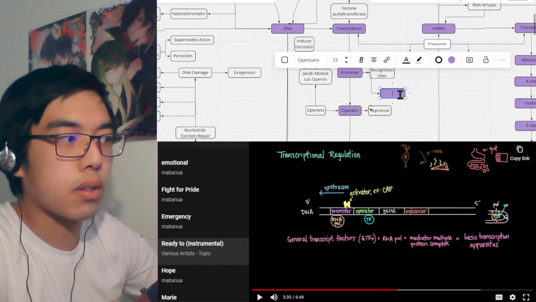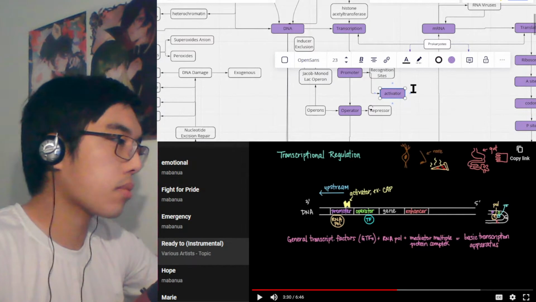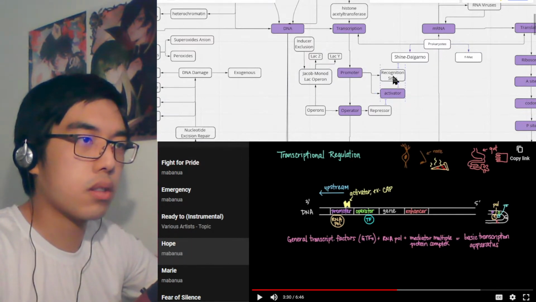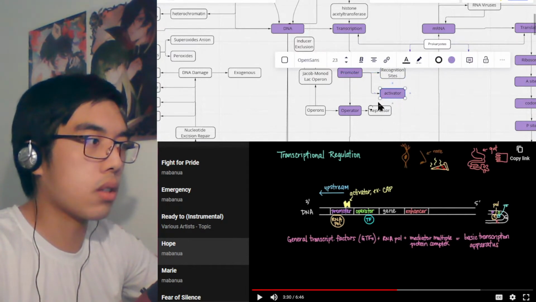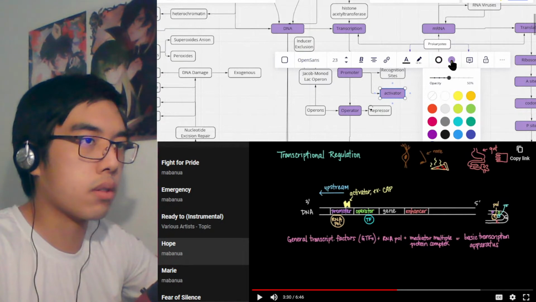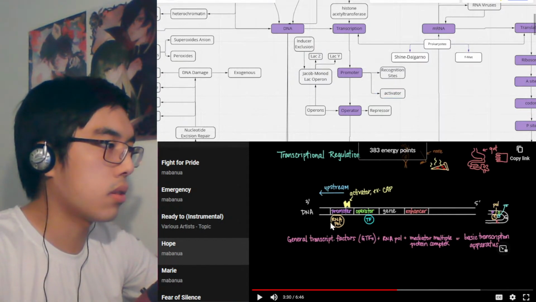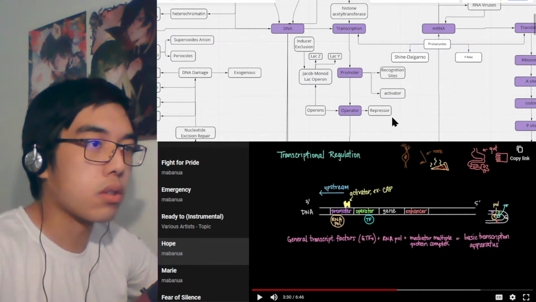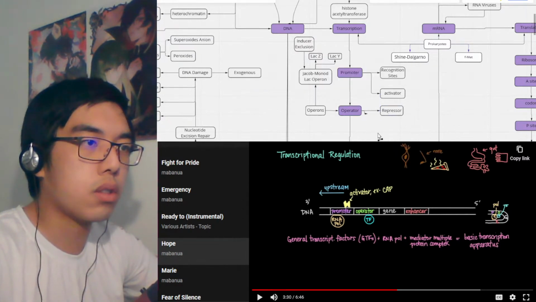What was I typing here? Activators. Although I feel like, aren't activators typically on the operator, or am I missing something here? Activator, RNA polymerase here. Transcription factors, place that somewhere here as well.